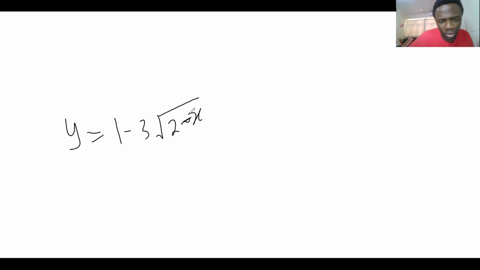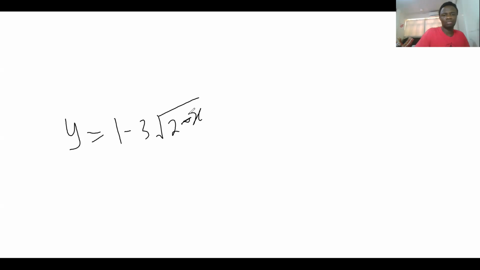I'm going to be going back to the question. For this, Nakita's question, number 5: y equals 1 minus 3 root 2 minus x. Now, not every value can be substituted in this function.